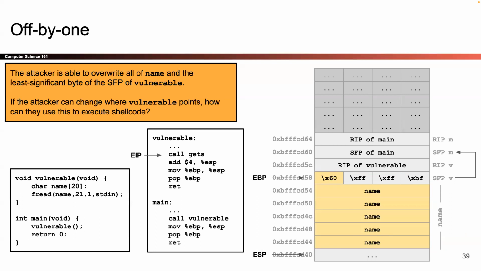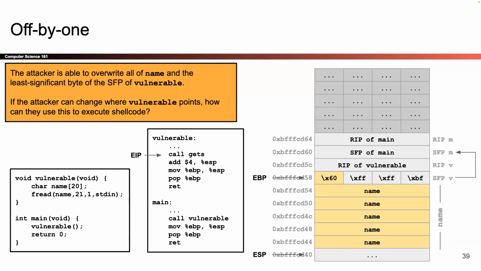So again, I walk up to this normal looking C program. It probably cannot talk, but if it could talk and I asked it, hey, where is the RIP of the previous stack frame? So if I'm currently in the stack frame of vulnerable and my previous stack frame was main, and I want to know, hey, what address in memory should I go to? Like, where should I go find it?